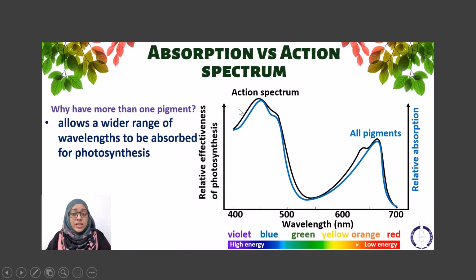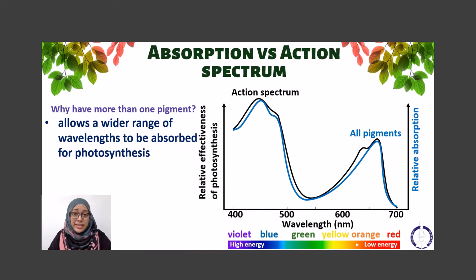Okay, and another thing to keep in mind that you can see in both of these graphs is this high energy blue wavelengths that are going to be absorbed more and used more than the red wavelengths. And one advantage of this would be that high energy can therefore then be used to synthesize the rest of the photosynthetic substances that would be produced.